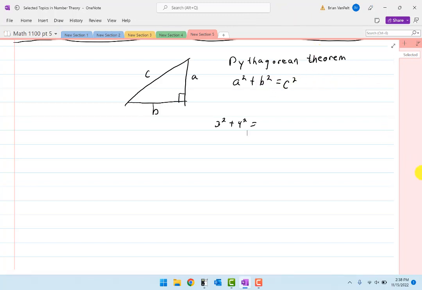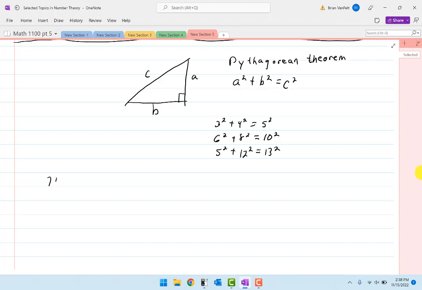And we know that's equal to 5 squared. So 3, 4, and 5 work. 6 squared plus 8 squared equals 10 squared. That works. 5 squared plus 12 squared equals 13 squared. So all of this works. And in fact, there's a whole collection of numbers that work. They refer to them as Pythagorean triples if they happen to work.